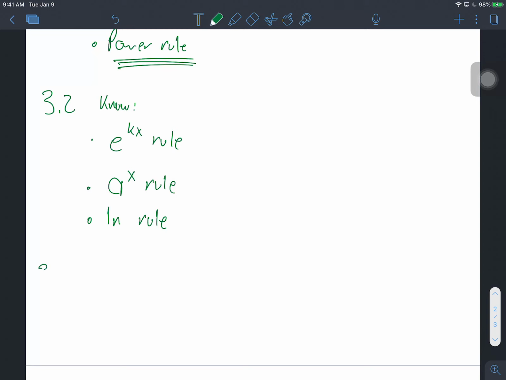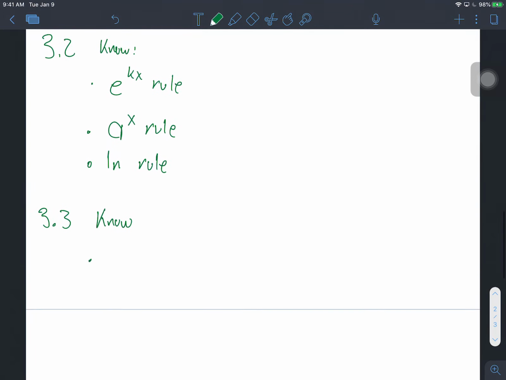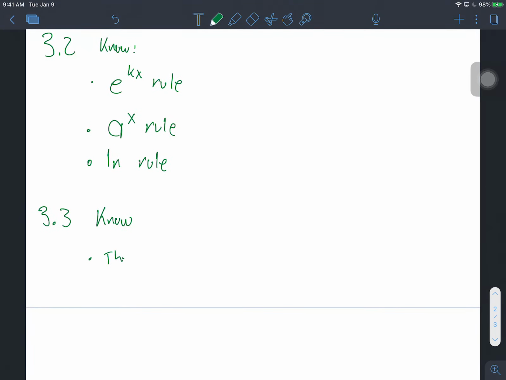So next up, 3.3, we should know the chain rule and how to use it.